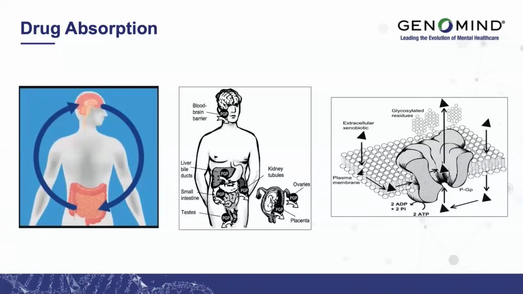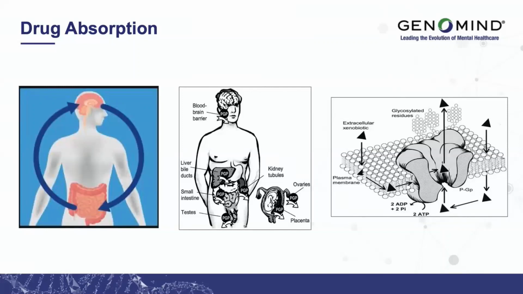Some of us make deficient, wimpy, weakened PGP. And you can imagine if your PGP is deficient, you're getting more drug into the brain. You're getting greater penetration because that PGP isn't spitting it back out of the brain very efficiently. So we look at genes that affect drug absorption.